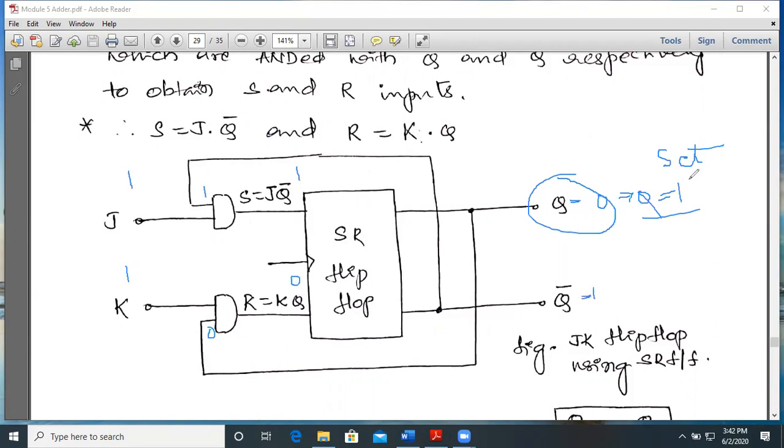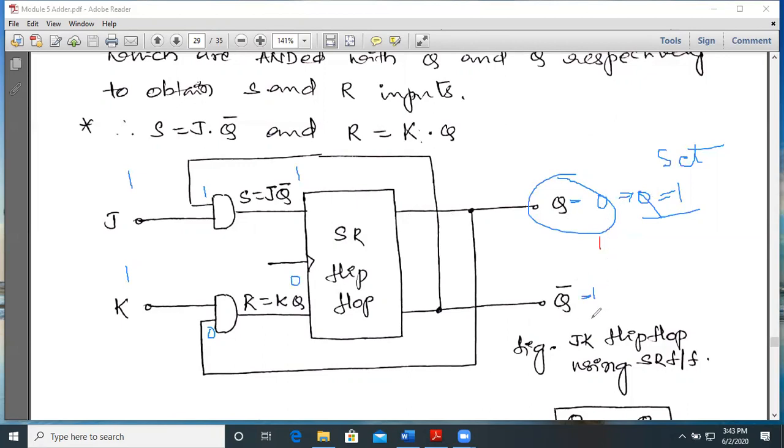So it is going to toggle. This is what is called the toggle condition. If the previous state was 0 and it is making the present state as 1, then that particular state is called toggling. Now we have done the analysis for Q is equal to 0. Now let us do the analysis for Q is equal to 1.